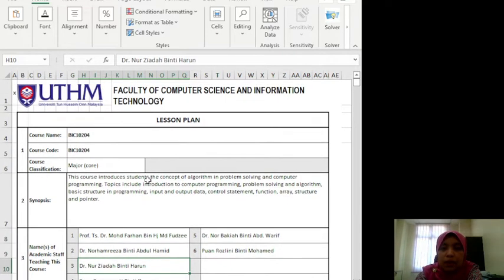And actually this is the major course for all the computer science students, majoring in software engineering, information security, multimedia and so on.